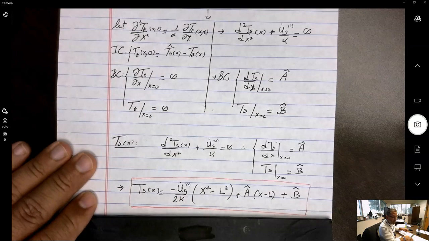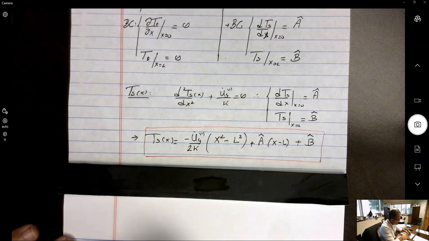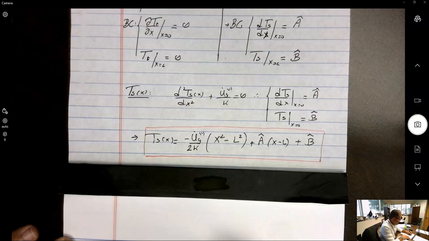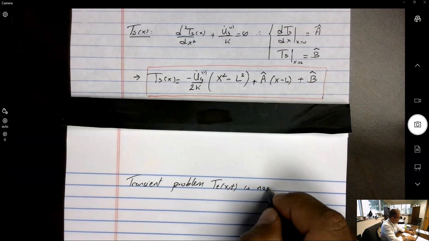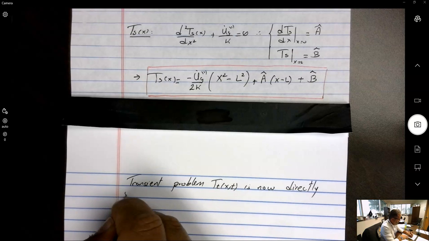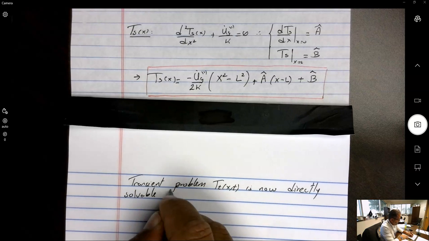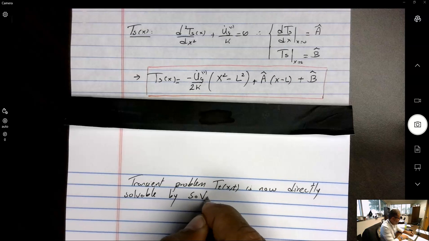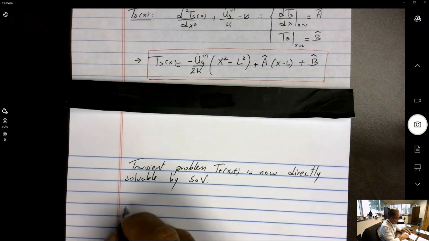But this transient problem, Tt of x and t, is now directly solvable by separation of variables. How? Well, let's look at the transient problem.